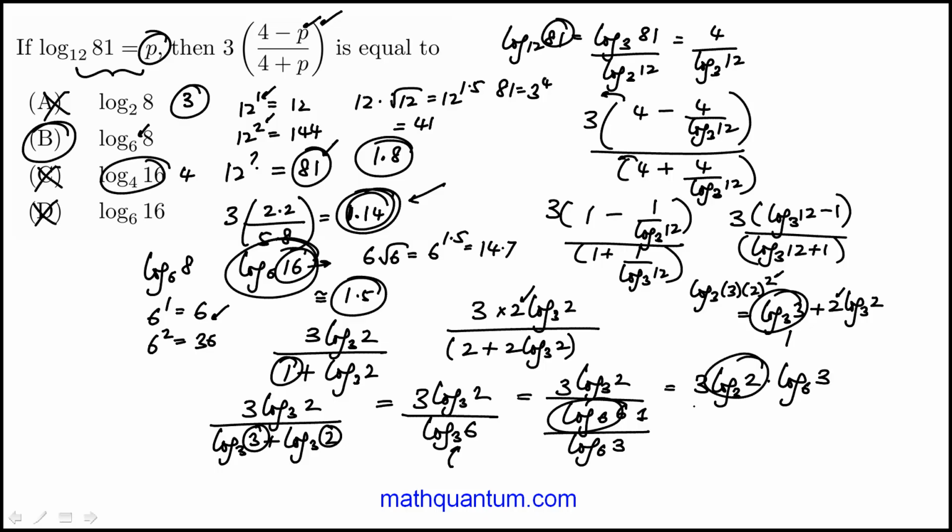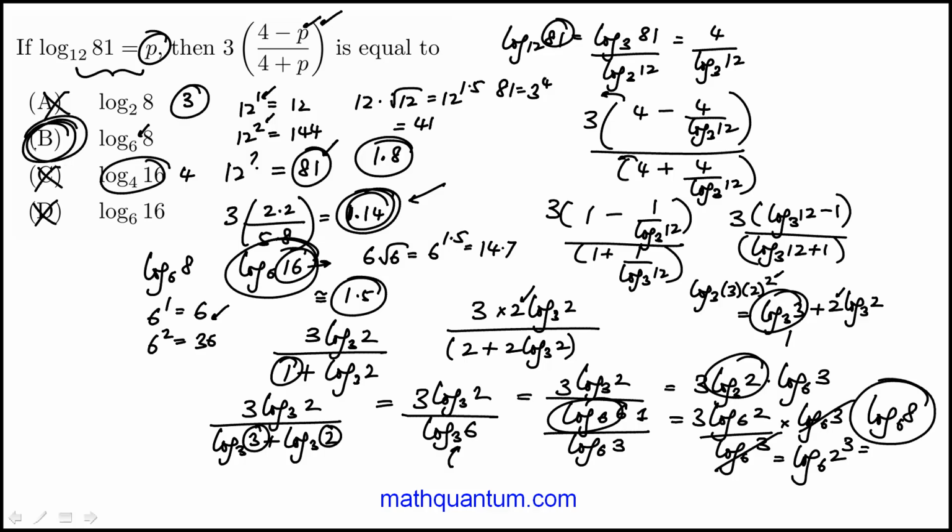And then I'll convert that into log 6 as well, see what happens. Maybe I'm complicating it here, but log 6 of 2 over log 6 of 3. And that drops out. Now 3 can go into the power here. And that's how we end up with log 6 of 8, which is indeed the correct answer.